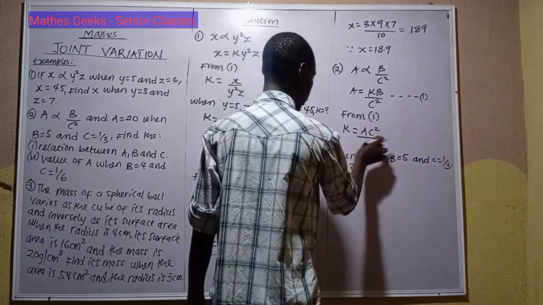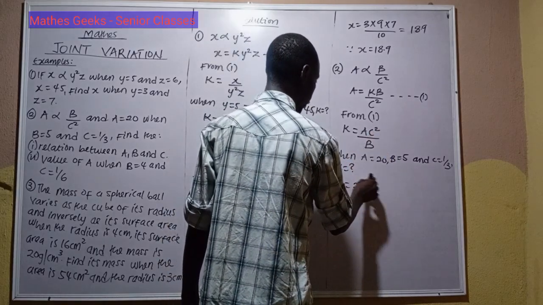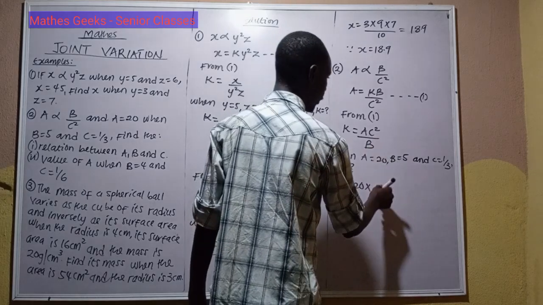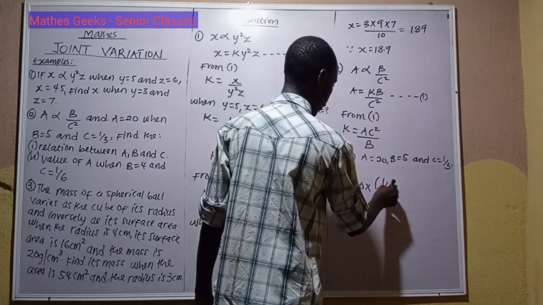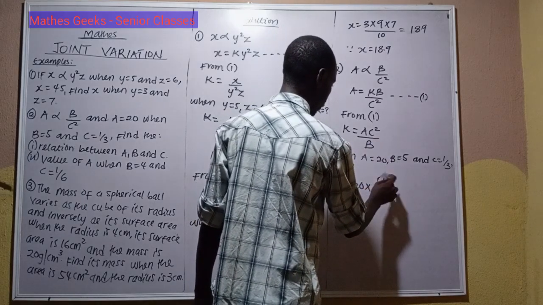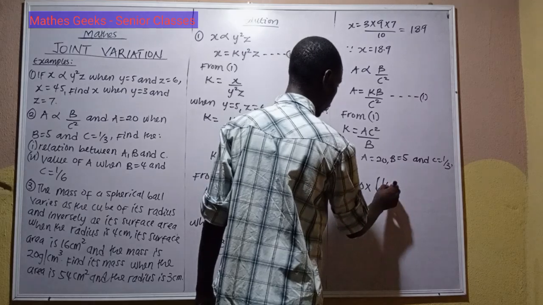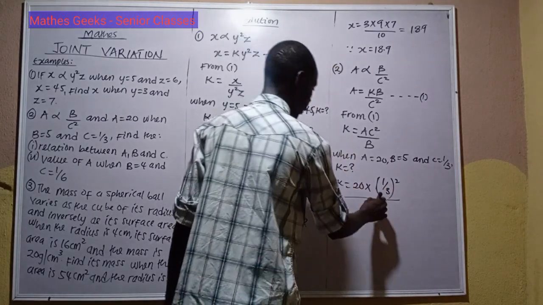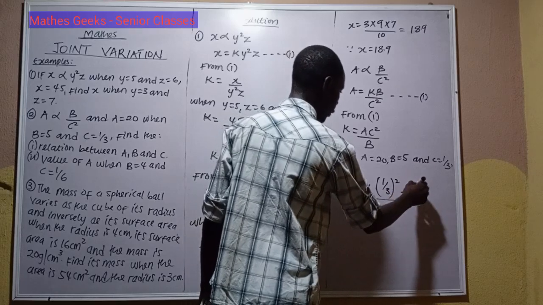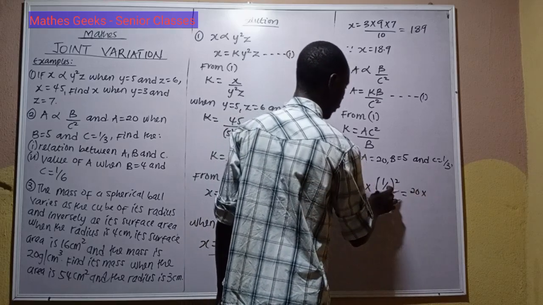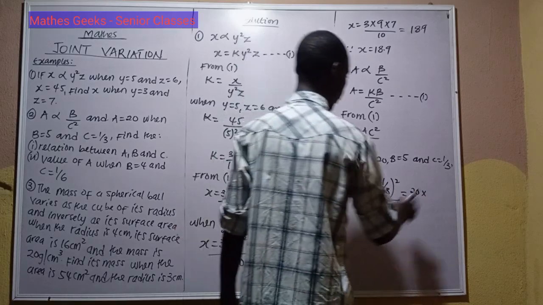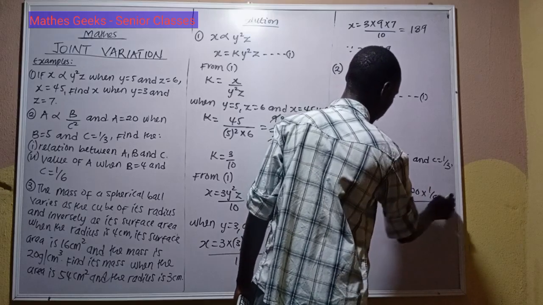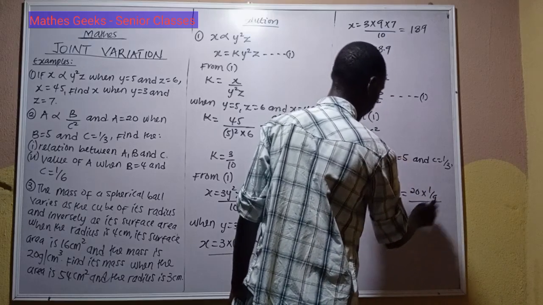Q can be gotten from this formula, 20 times 1 over 2 squared over 5. So 20 times 1 over 2 squared is 1 over 4, 1 over 4 over 5.